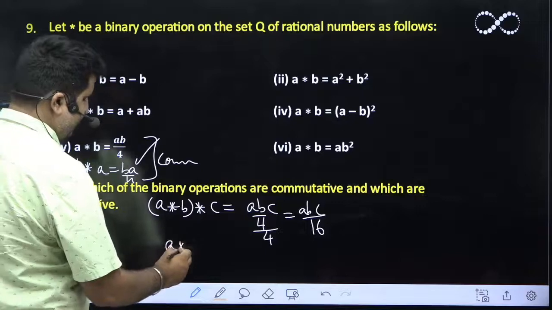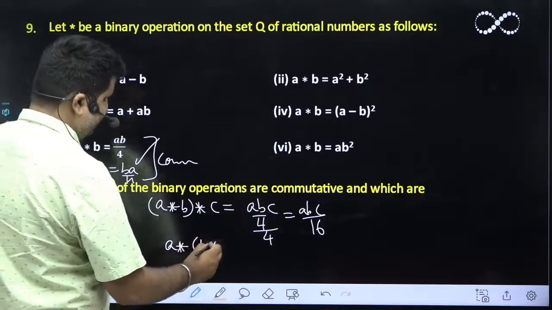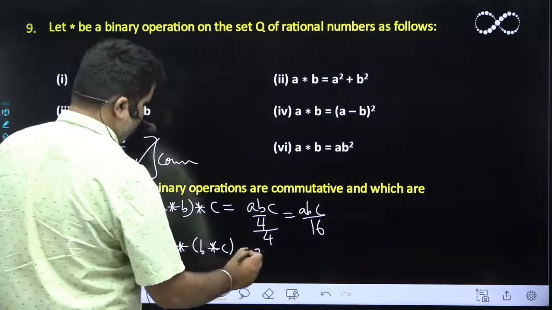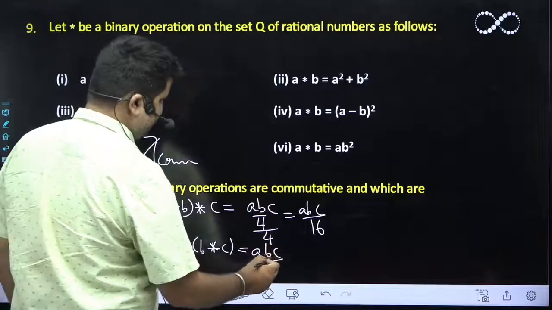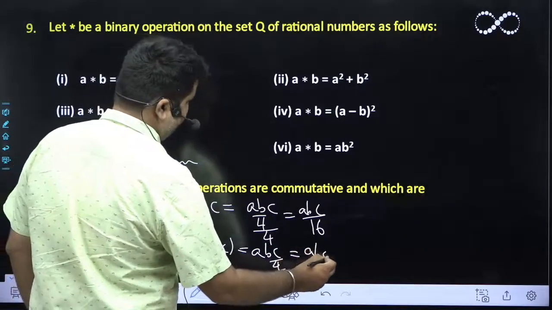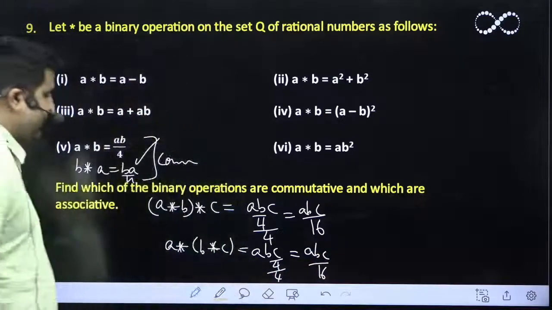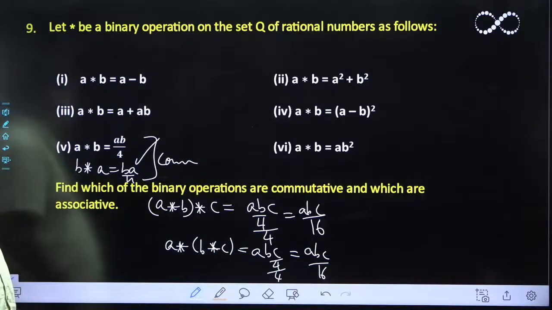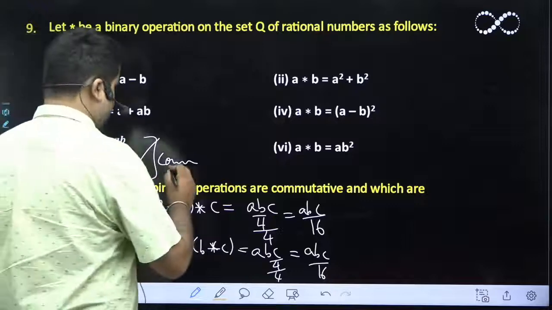What is A star (B star C)? A times BC by 4 by 4, ABC by 16. So both are equal, therefore this will be associative.